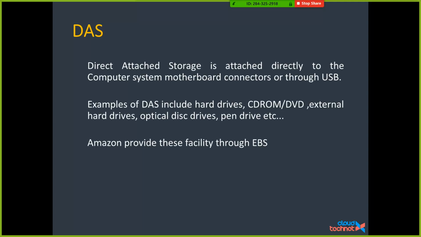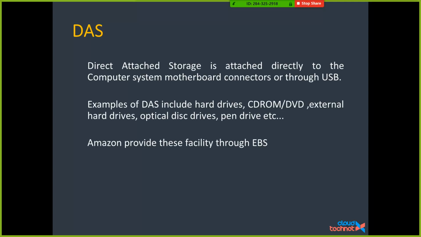When you create any instance, you want to store your data, install applications, keep important users' data, and so on, everything goes on the storage provided by Amazon with the service called EBS, Elastic Block Storage. That is provided by Amazon.